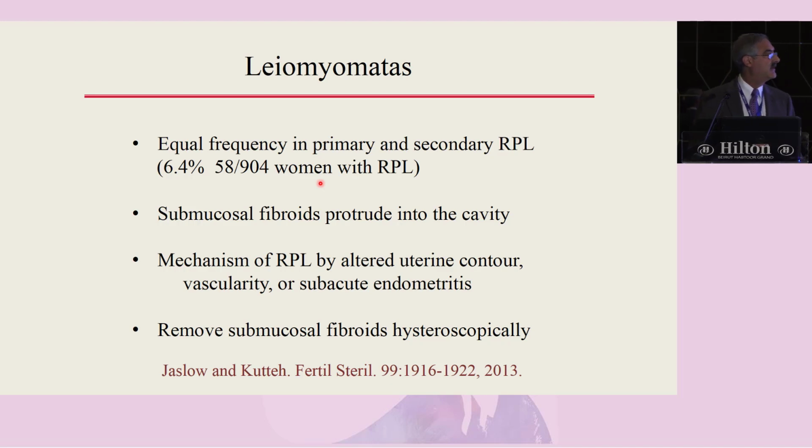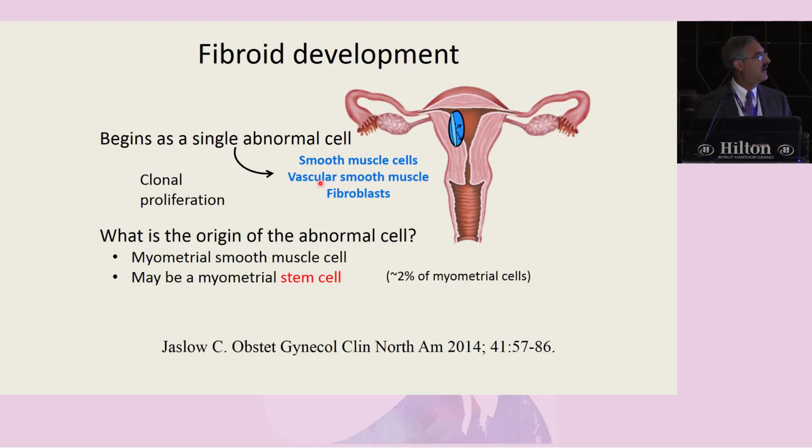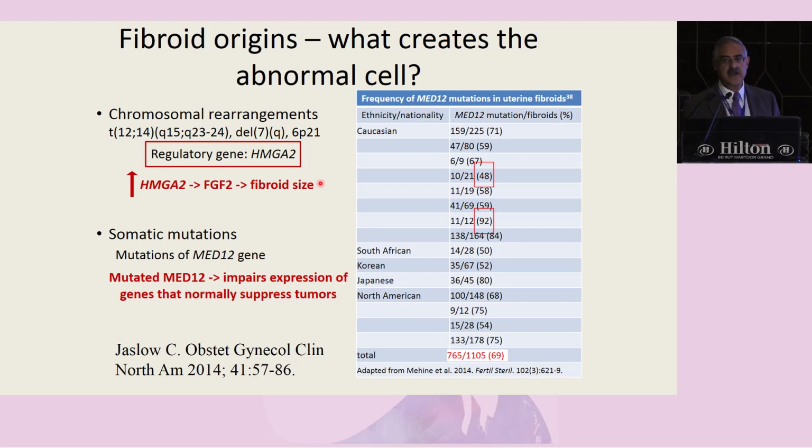We know that fibroids are abnormal cells that lose control of their development. They become unregulated. From some of the studies, we know that these are probably stem cells that start as the first cell that loses control. And we know a lot about the regulatory genes and genetic abnormalities. Now, we don't do genetic tests on fibroids.